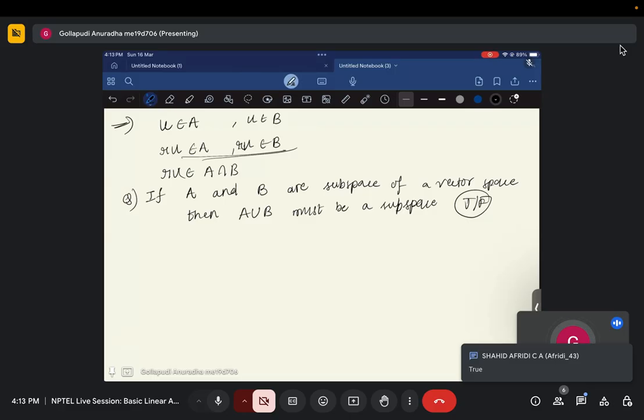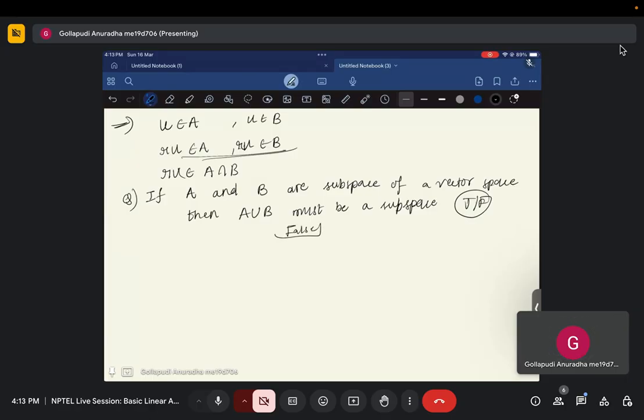Someone is saying it's true. Okay, this is a false statement.